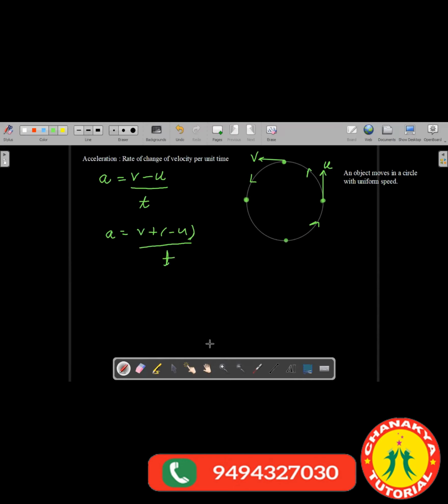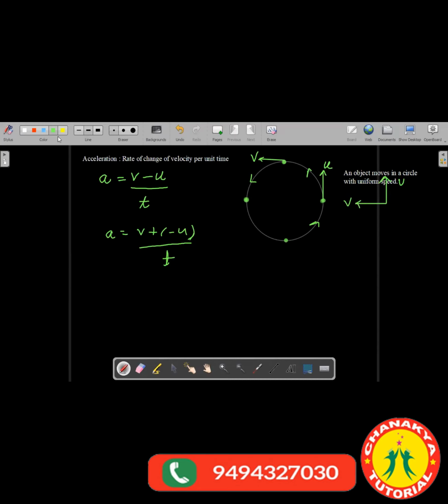So if we use our vectors over here, see, this will be the direction of velocity. This is the initial velocity, and you have both initial and final velocities. Final velocity v, this is initial velocity u, both have the same magnitude.